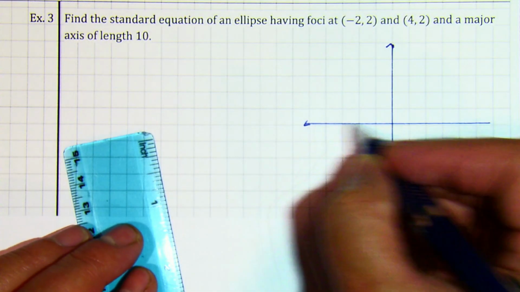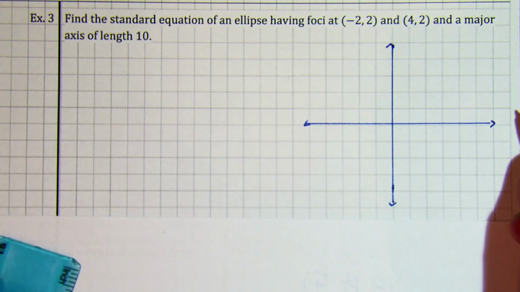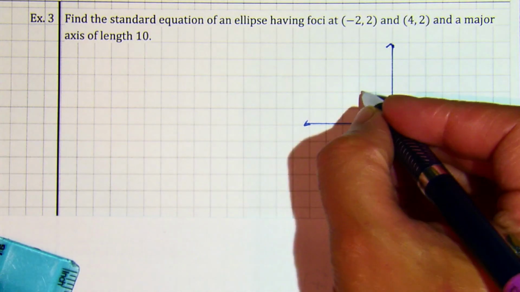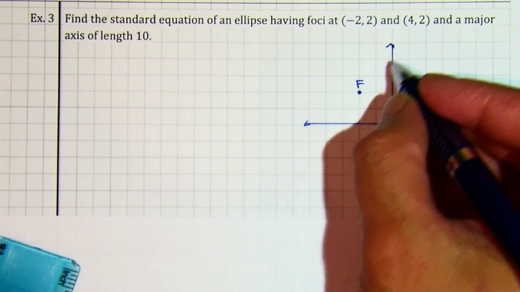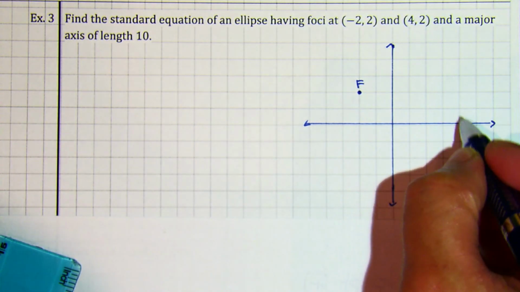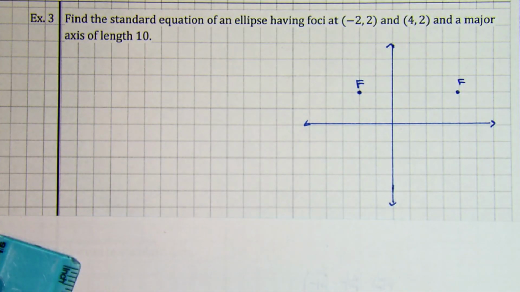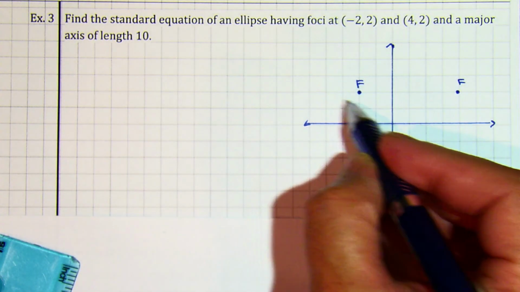And I'm going to plot the information that's provided for me. Well, my foci are (-2, 2) and (4, 2). So -2 and up 2. I'm going to label it. 4 and 2. So therefore, according to these two foci, the ellipse should be sideways, correct?